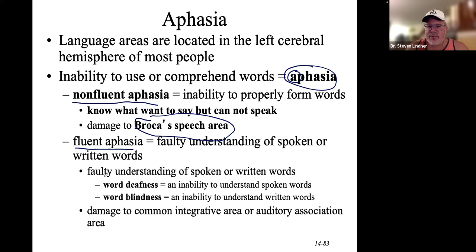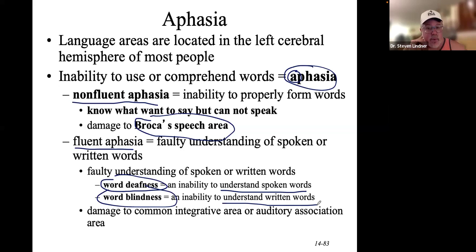Now there's a faulty understanding of the spoken or written words. There's something called word deafness. Word deafness is an inability to understand the spoken word, and word blindness is an inability to understand what you just read. So you may read the word ball, but not know what a ball is.